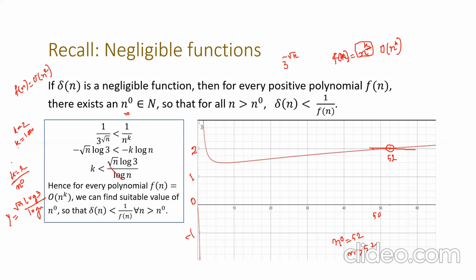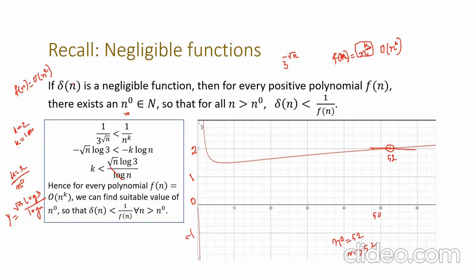So if you take k equal to 3, somewhere far right from here, you will always get some value of x where the y value of this function crosses the value y equal to 3. Okay. So like that, you will always find some n0 for any positive polynomial you take.